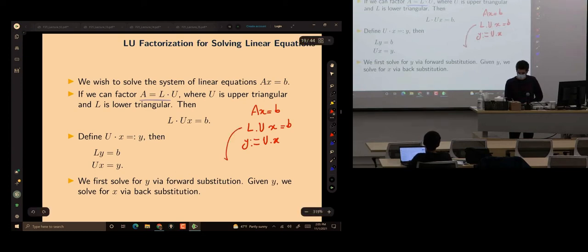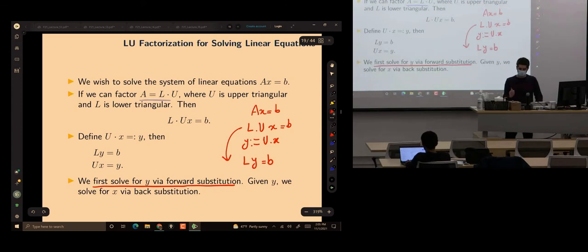Then I can write this line as Ly equals b. Well, then I can solve for y, because now I can use forward substitution. I do forward substitution first to solve for y.